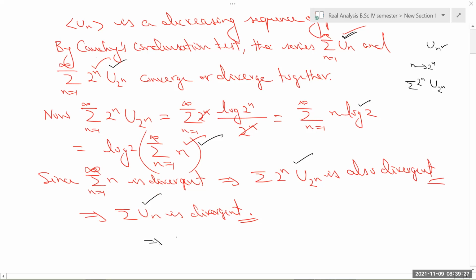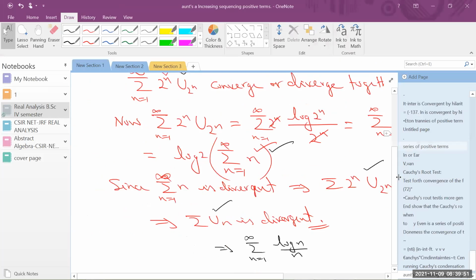So in fact, log n by n is a divergent series. This is again a comparison form, because we are comparing two series. But remember that Cauchy's condensation test is applicable to series of non-negative terms where un should be decreasing. Now let us look at another example.